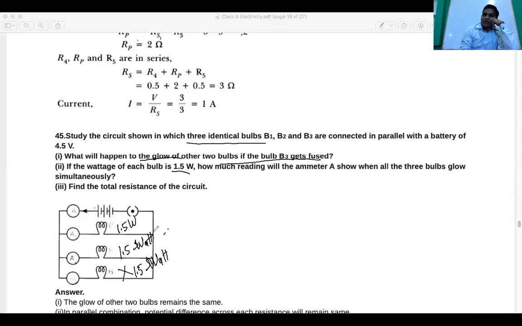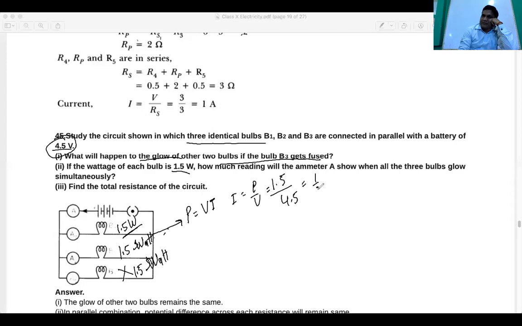For this case, you can use P is equal to V into I, so I will be P by V. Power is 1.5 watt and the voltage is 4.5 volt in each case.